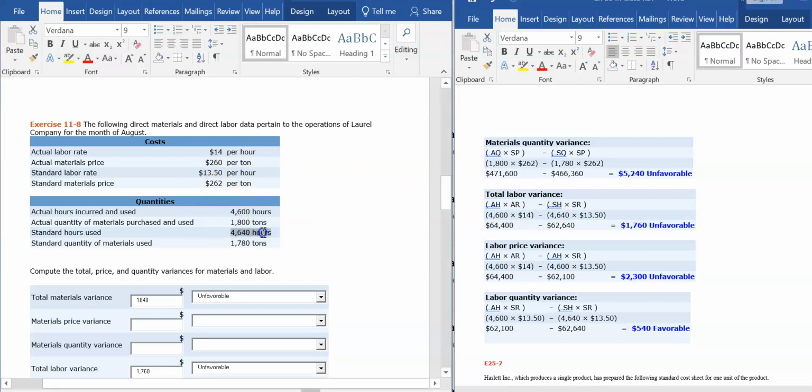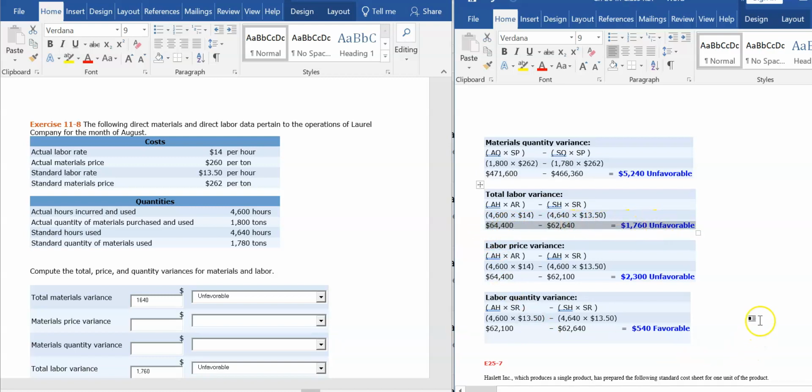Standard hours should have been 46.40 at a standard rate of 13.50, giving us a total standard cost of 62,640. Total actual cost and total standards gives us an unfavorable variance of 1760. Unfavorable because our actual labor cost exceeded what our standards say it should have.